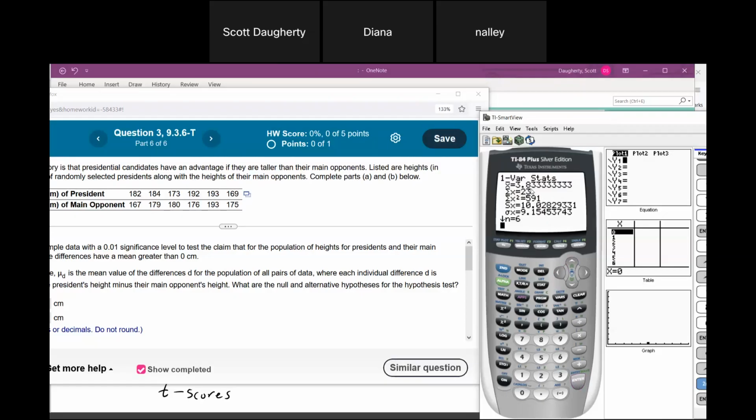So that's your D bar, the average of the differences from your sample. And then this S sub X is your sample standard deviation. So it's about 10.0, right? Remember, S stands for sample standard deviation. So those are the two numbers that we need in our formula. So let me write those down.